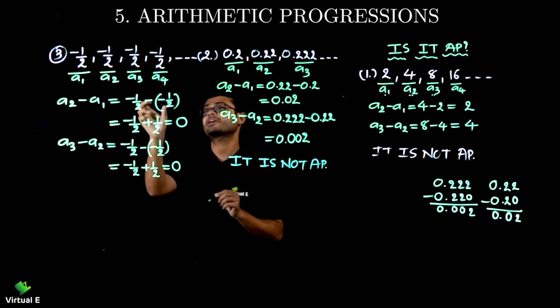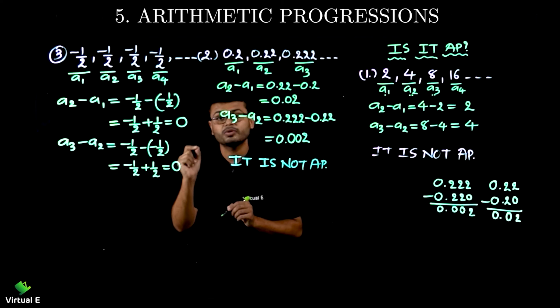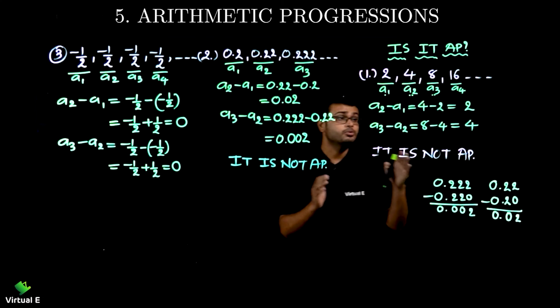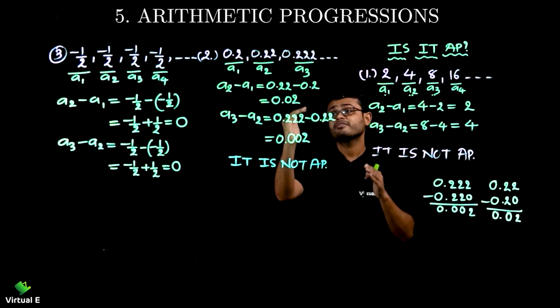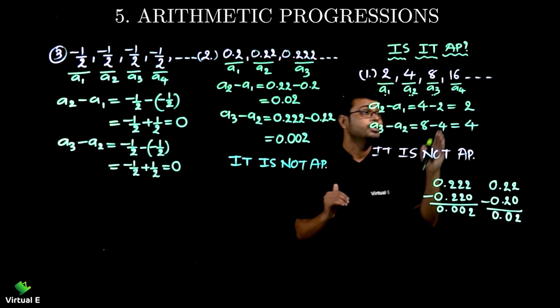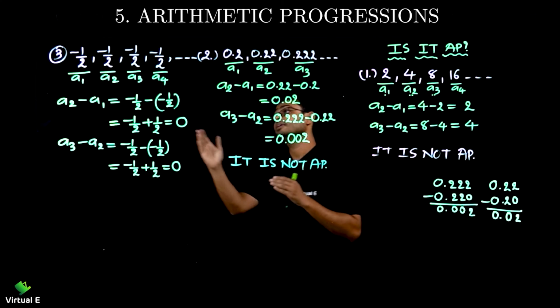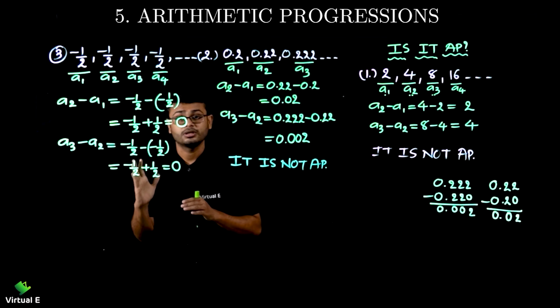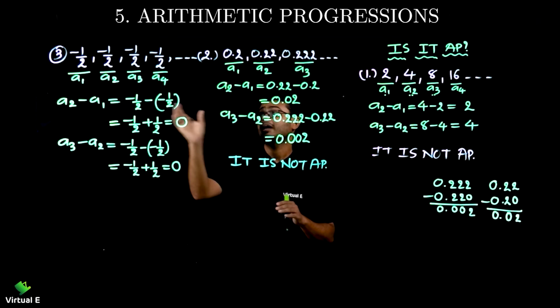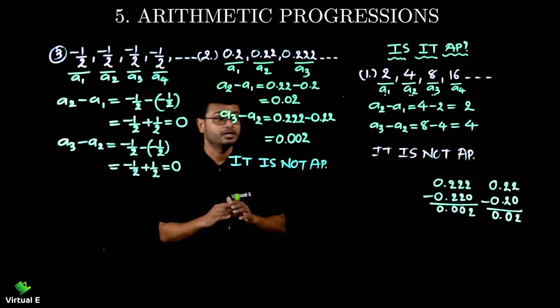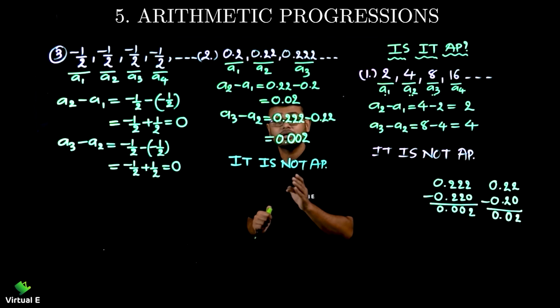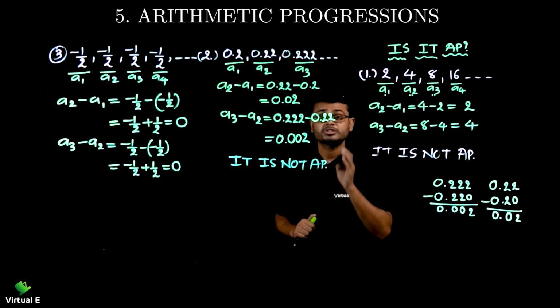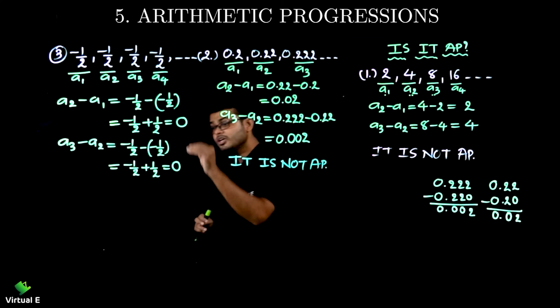You need to check for A4 minus A3 as well. Why did we stop in the previous two cases? Because the common difference was not matching. You need to go till the end, as long as the terms are given in the question, not to infinity. Here we stopped because the common difference was not equal. Here we are still moving on.